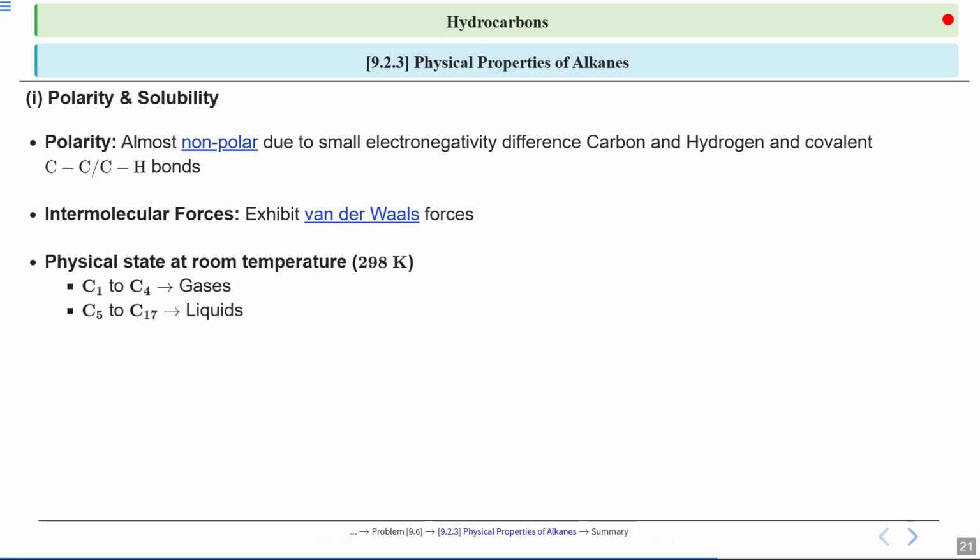As the carbon chain length increases, alkanes from C5 to C17 become liquids. This is because the van der Waals force becomes stronger with longer carbon chains, requiring more energy to change their state. Alkanes with 18 or more carbon atoms are solids at room temperature. The increased molecular size leads to even stronger van der Waals forces, making them solidify.